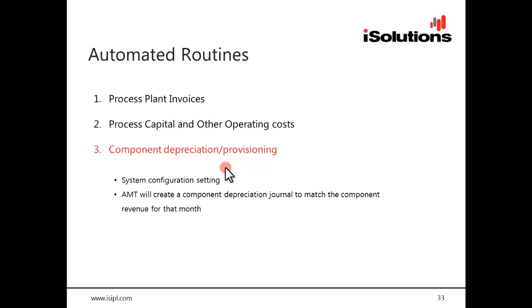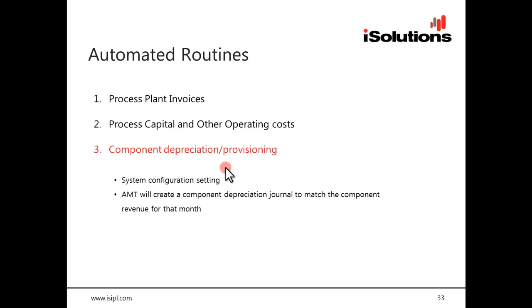AMT's got an automated routine that will look at what the revenue is for that category and then automatically create a journal with an AMT to credit your P&L and debit your provision account. So that's a configuration setting within AMT, and each month AMT will automatically generate that transaction.